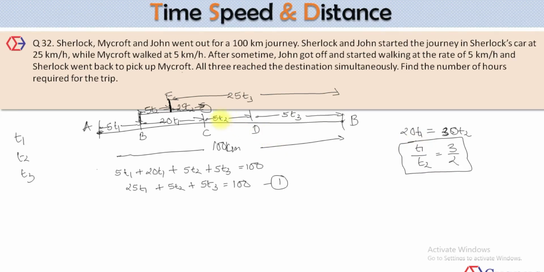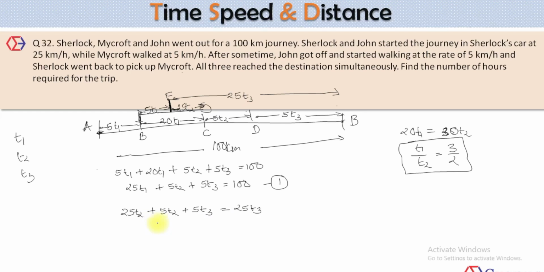One more equation is there. Can we say 25 T2 plus 5 T2 plus 5 T3 must be equal to this complete 25 T3 which was covered by Sherlock in the last T3 hours.